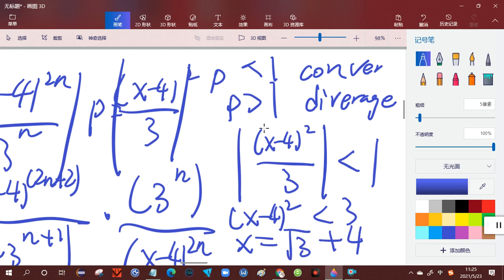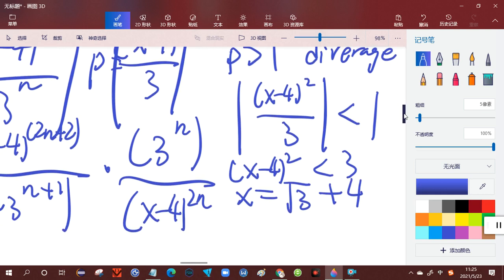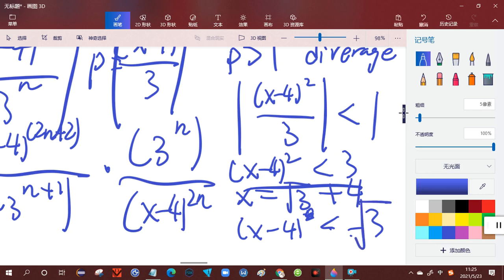And then another thing is that x minus 4 can also be negative root 3 in order to obtain a positive root 3. So it should be negative root 3 plus 4.